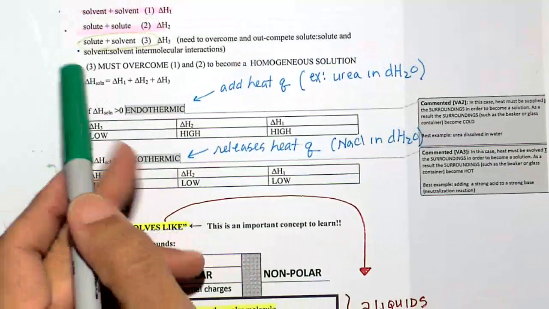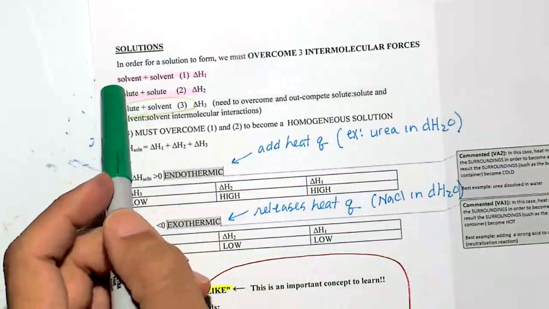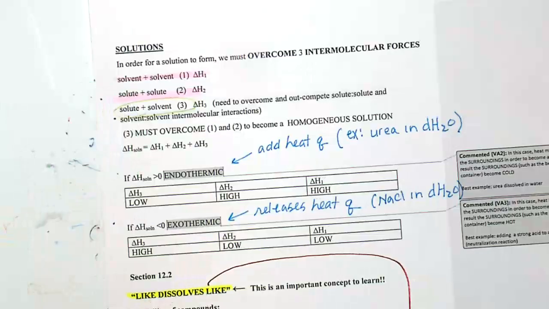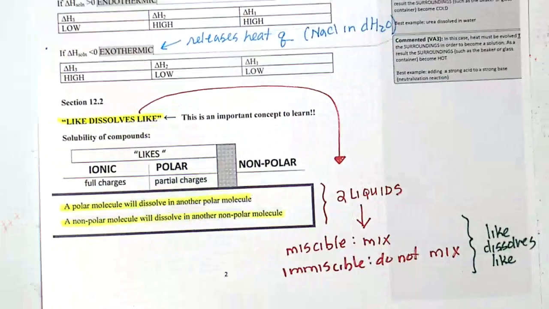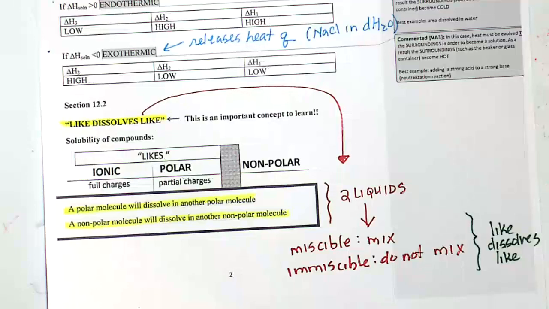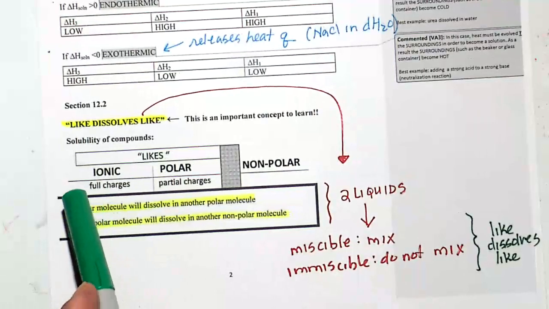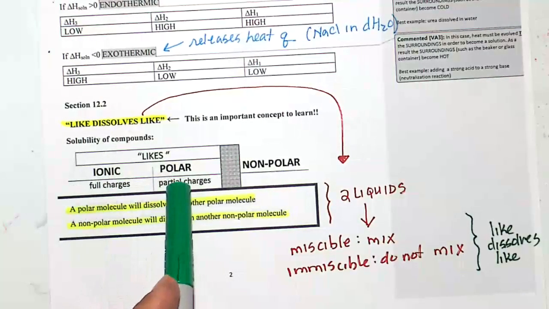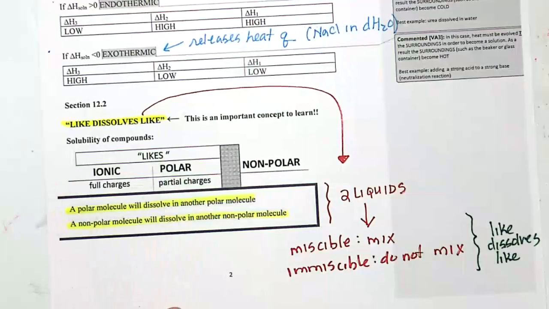The IMFs of the solute and solvent must overcome the individual solvent IMFs and individual solute IMFs. And then we're talking about two liquids here. How do we know if two liquids that we've never seen before will mix or not mix? Like dissolves like. Ionic and polar will go with ionic and polar. Nonpolar will go with nonpolar.